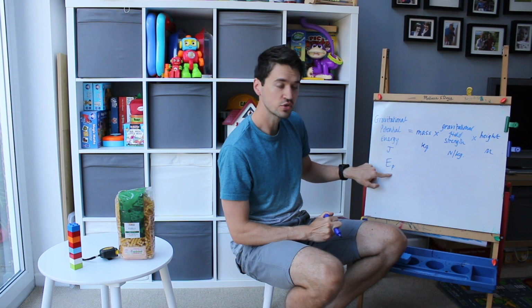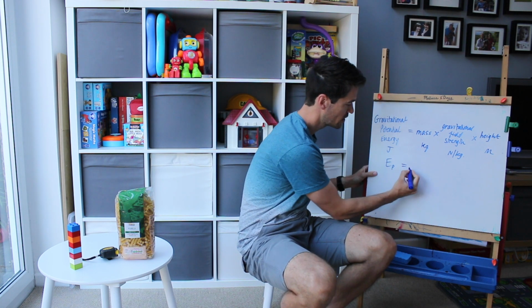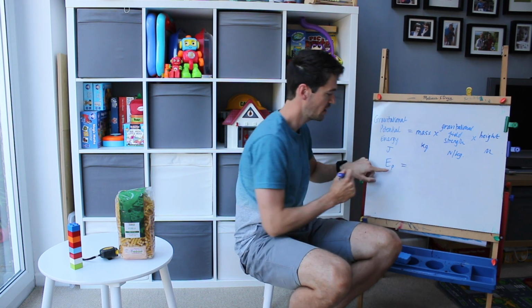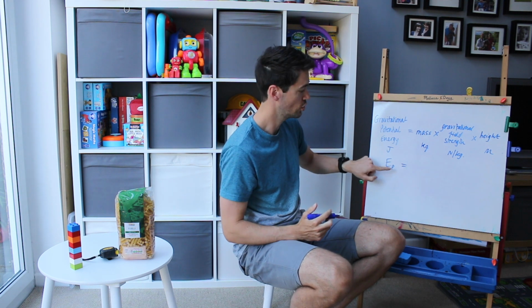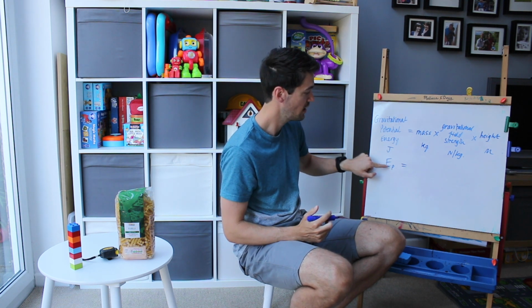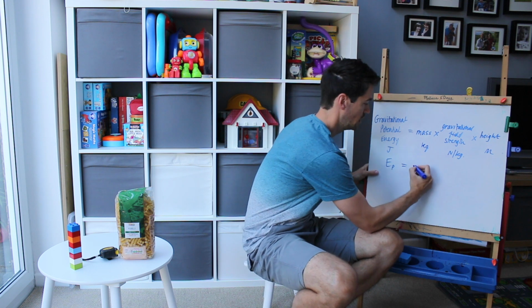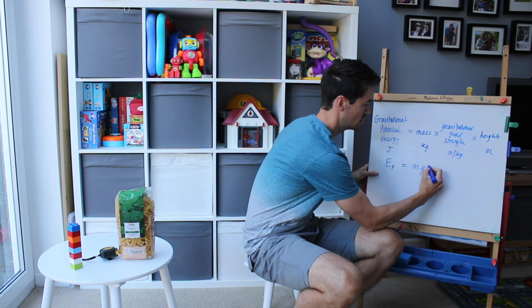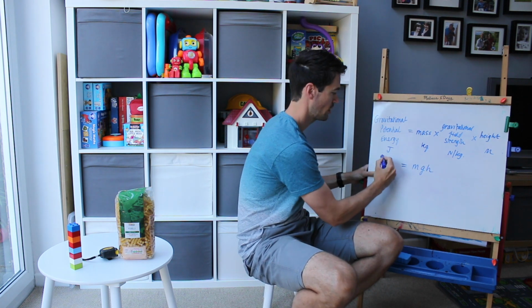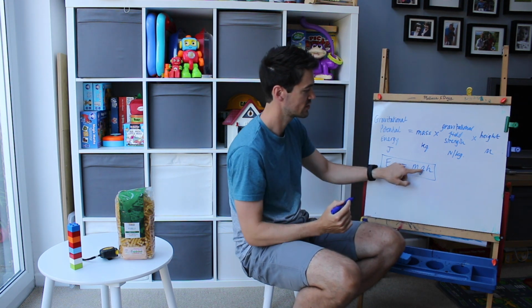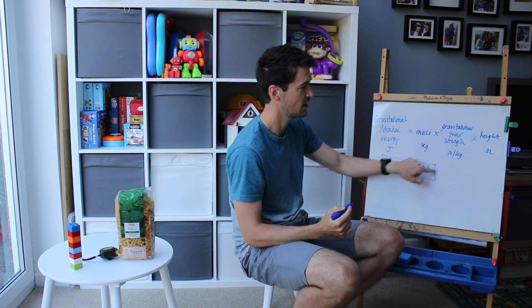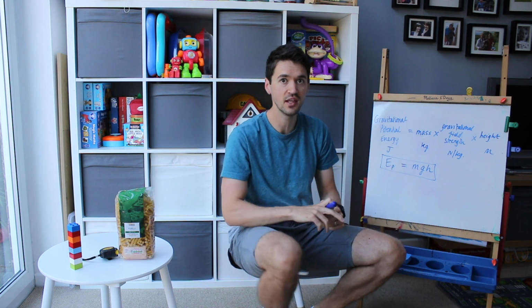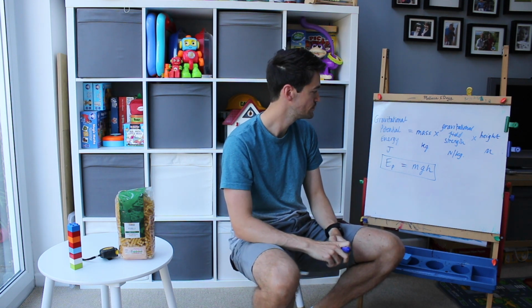Let's stick it in symbols as well. This is how I would always remember my equations. So EP, so energy in the gravitational potential store. In the last lesson we had EK, so we're doing EP here. We've got M, G, H. So M for mass, G for gravitational field strength, and H for the height of the object in that gravitational field.